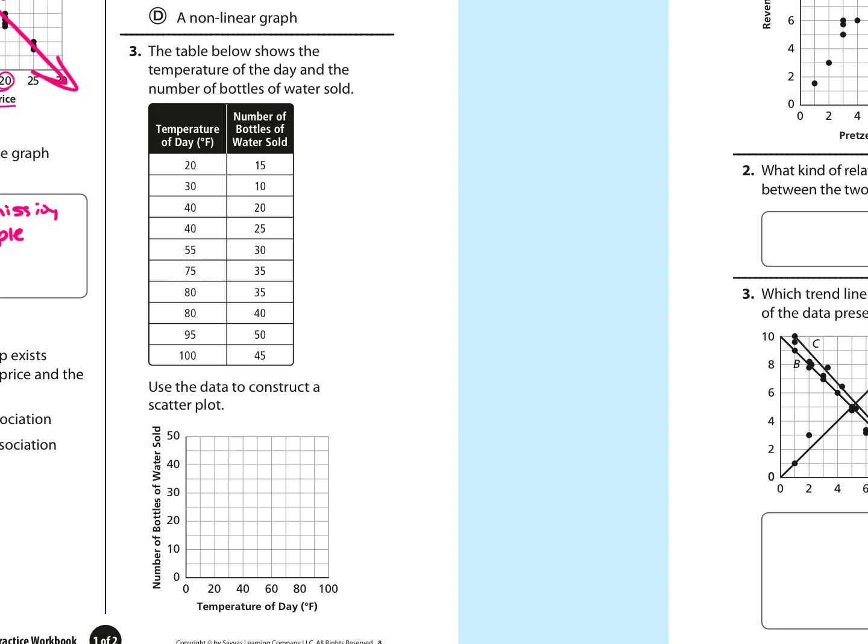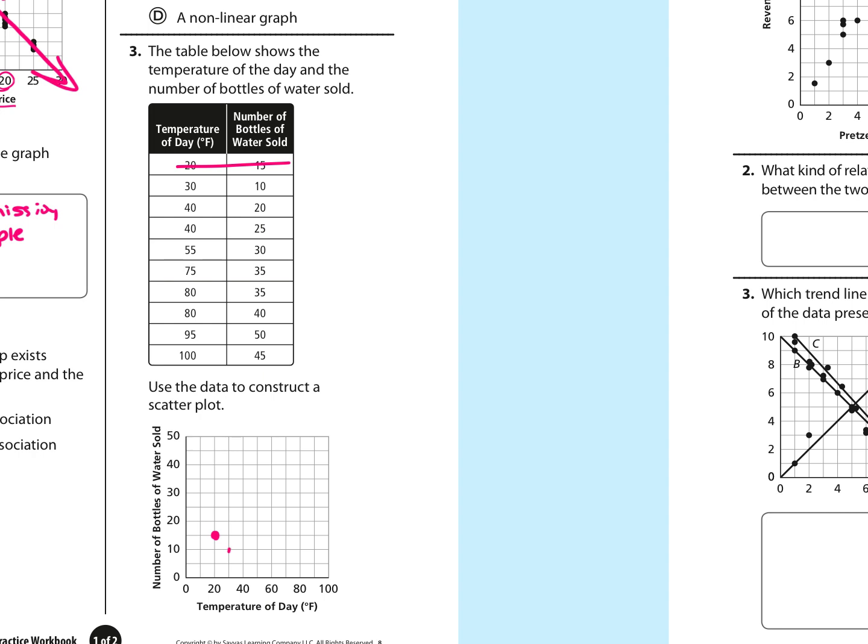As you can see, the temperature of the day in degrees Fahrenheit is along the x-axis of your graph, and the number of bottles of water sold are along the y-axis. So we're just going to plot these as ordered pairs. So I have 20, 15. And I'm going to cross through it when I'm done with each ordered pair.